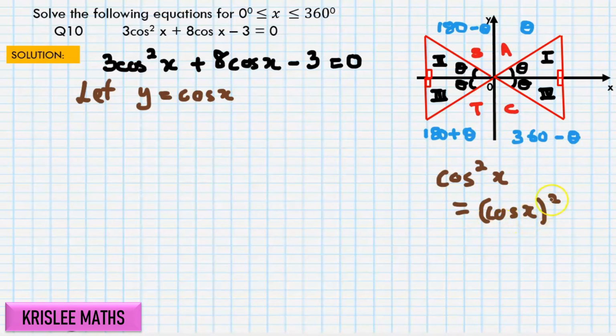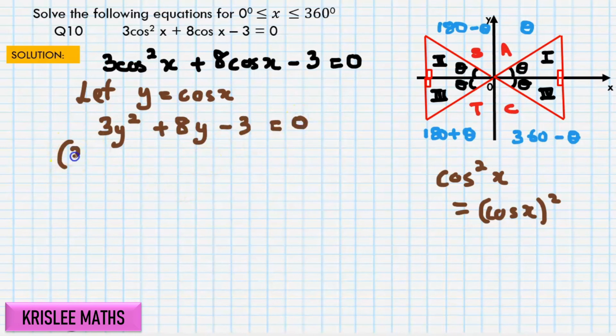So cos x in bracket squared equals cos square x. So when I take cos x as y, the equation can be written as 3y square plus 8y minus 3 equals 0.